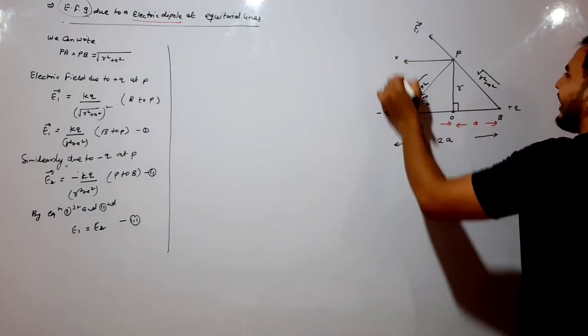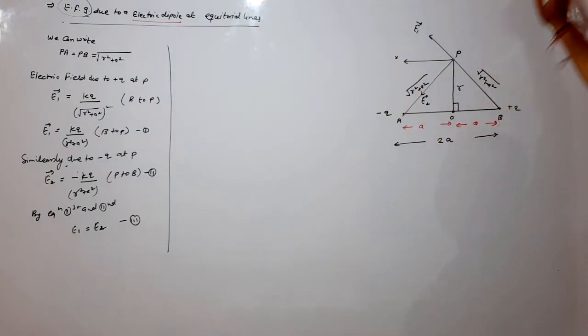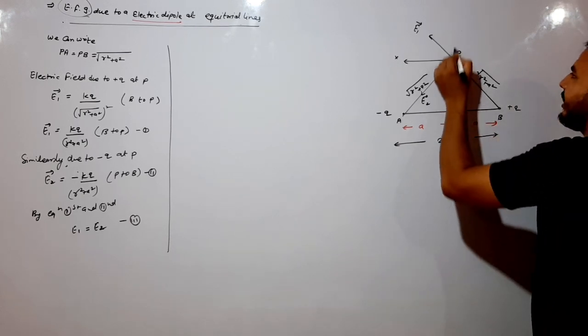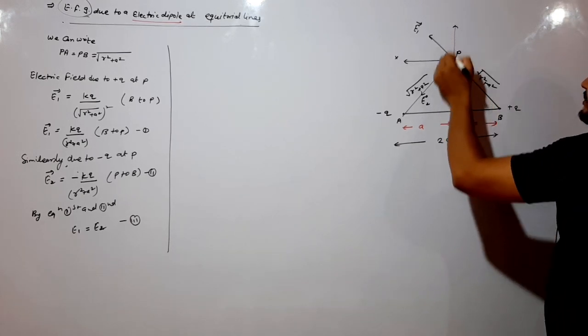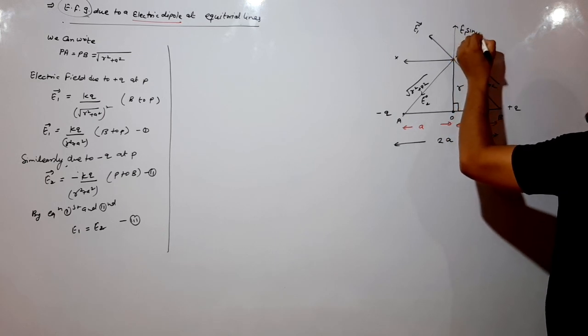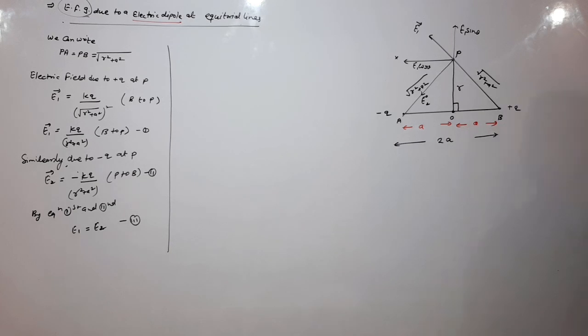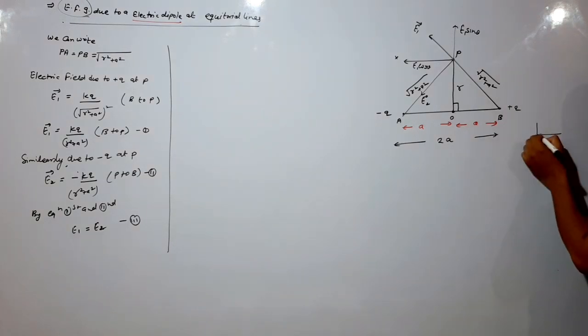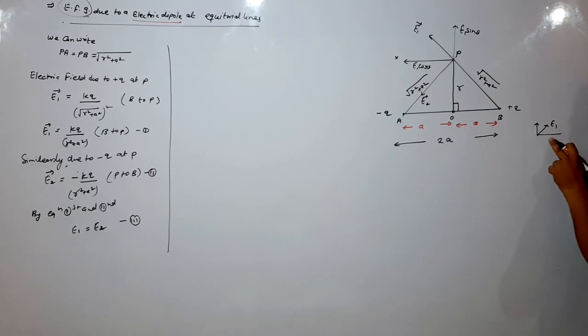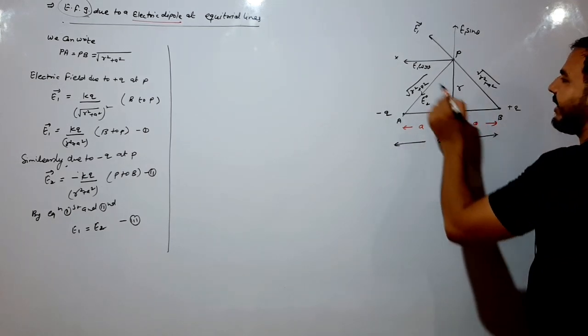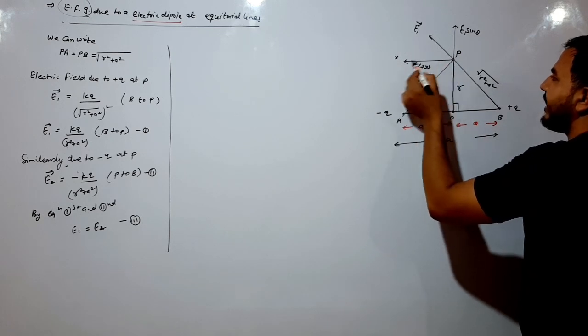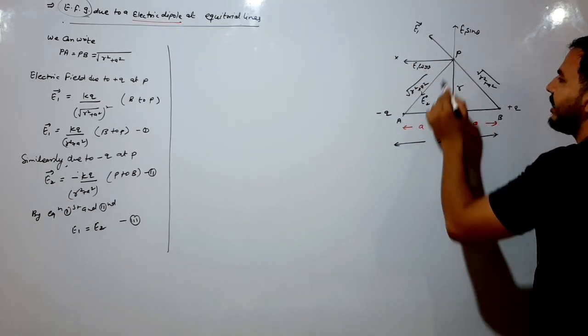Consider Px is the line along AP. Clear? So the components of E1 vector are E1 sin theta and E1 cos theta, because we know that the perpendicular component is always sin theta, the horizontal component is always cos theta. Here, for the E2 vector, this is the horizontal axis, this is the perpendicular axis.